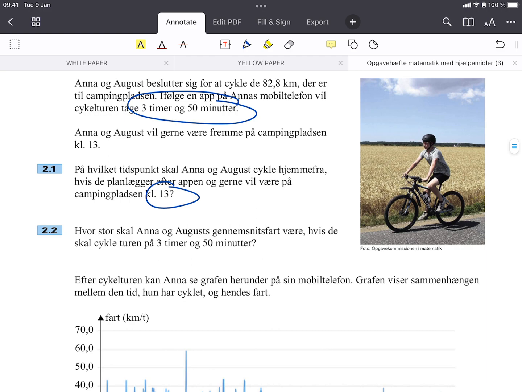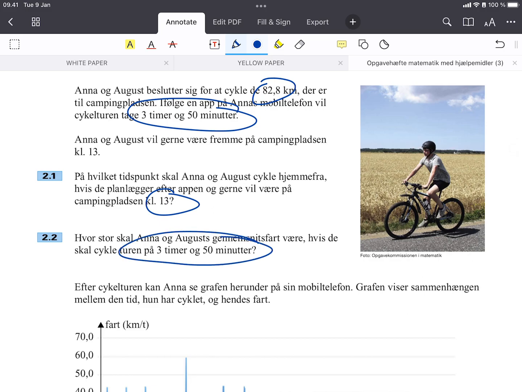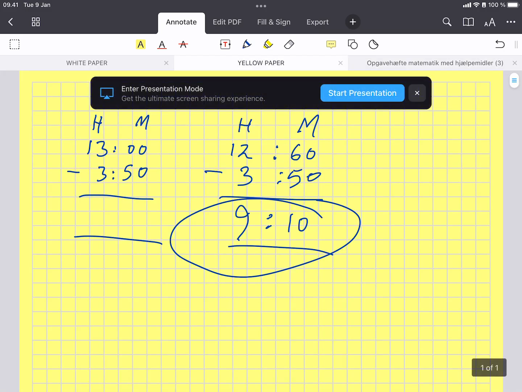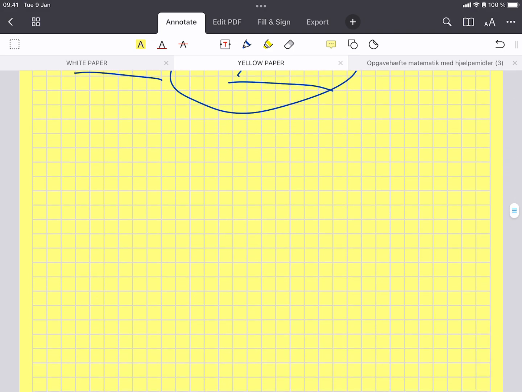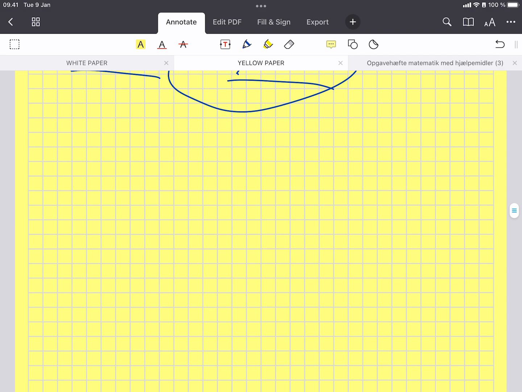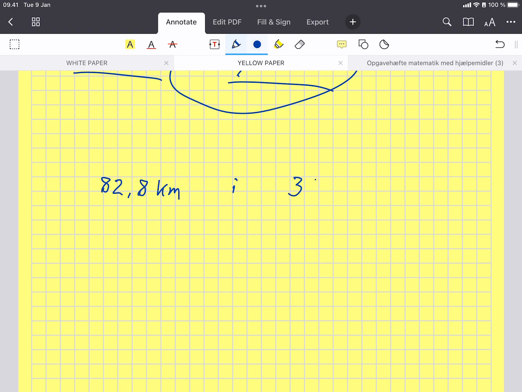Okay, so it's 82.8 kilometers, and they've got to cycle it in 3 hours and 50 minutes. So onto my yellow paper again. And 82.8 kilometers in 3 hours and 50 minutes.